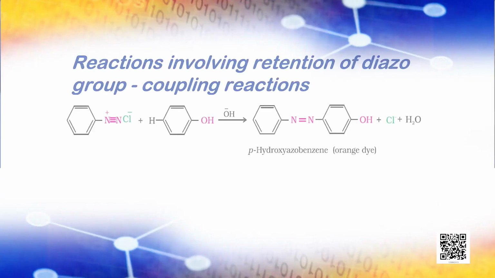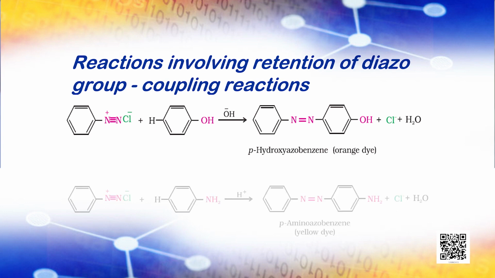These compounds are often colored and are used as dyes. Benzene diazonium chloride reacts with phenol, in which the phenol molecule at its para position is coupled with the diazonium salt to form para-hydroxyazobenzene. This type of reaction is known as coupling reaction.